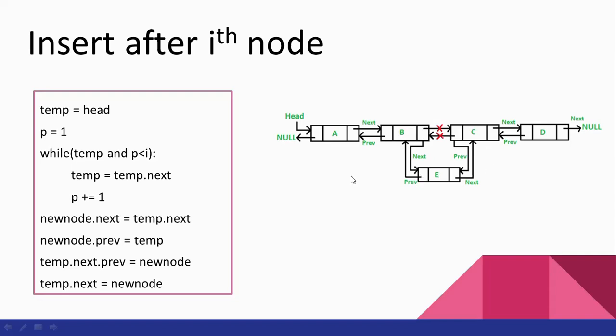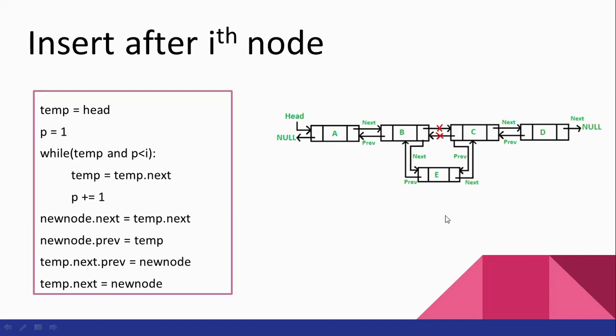So newNode.next, the new node's next pointer, should point to temp's next. The temp pointer is currently at B. Suppose you want to insert E in between B and C, the temp pointer as of now points to node B. Then we need to relink the next pointer of the new node E to the next node of the current temp. The next node of the current temp is C.